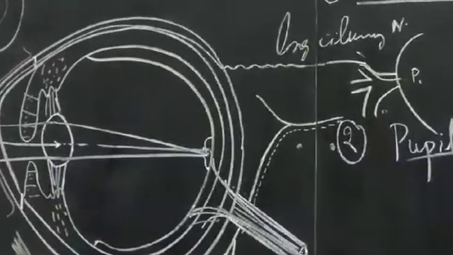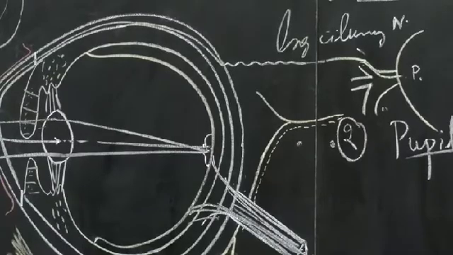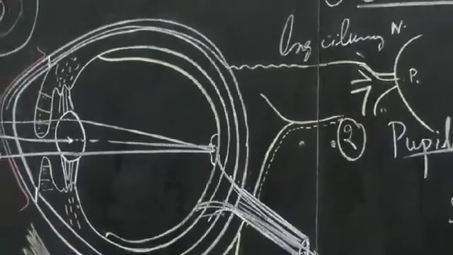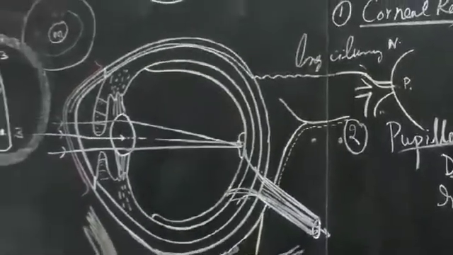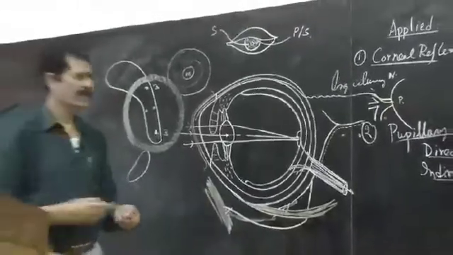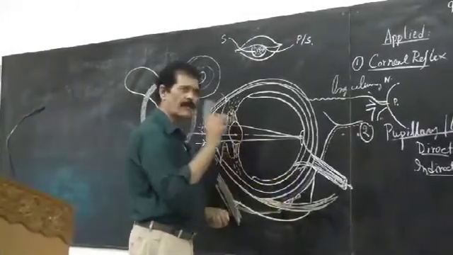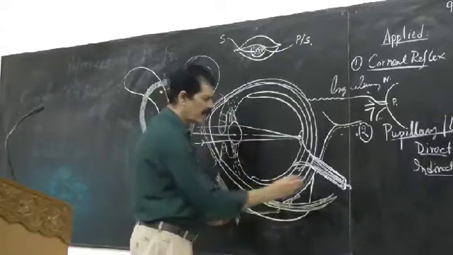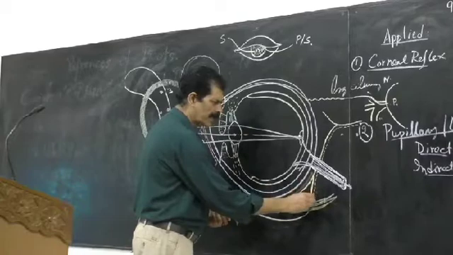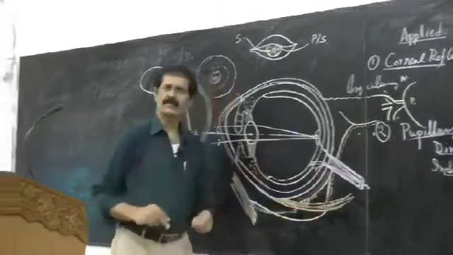They accompany the inferior branch, and out of the inferior, these fibers accompany the branch which has to supply the inferior oblique muscle. Again the choice is there. It doesn't go with the branch which supplies the inferior rectus. You have to write this whenever asked. They accompany the nerve which is supplying the inferior oblique muscle.